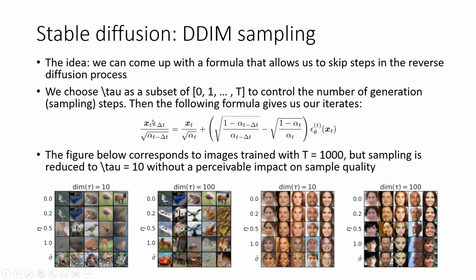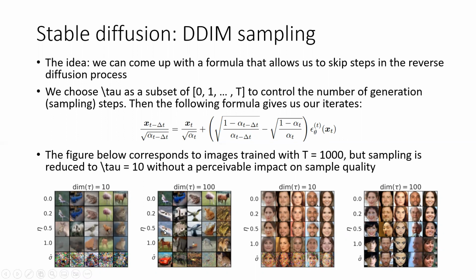Then we can get x sub delta t by applying this formula, basically applying different alpha sub t scaling terms to the output of a network that takes as input x sub t. So to get our update for t, we will take a weighted combination of our original sample x sub t and our denoised sample epsilon sub theta of x sub t.